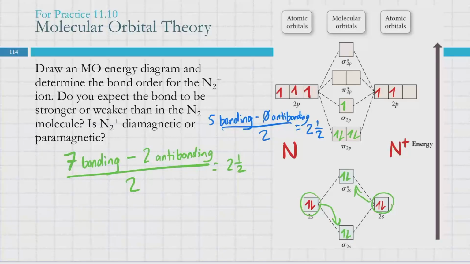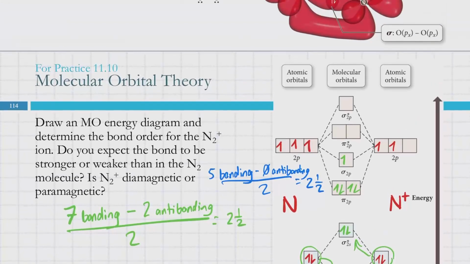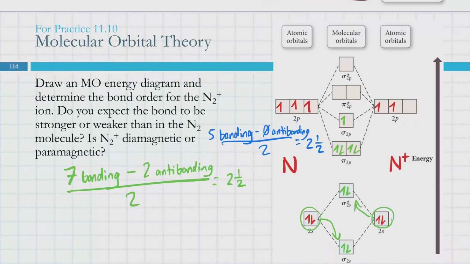Is that weaker or stronger than N2? If we add one more electron to make it N2 instead of N2 plus, is N2 plus weaker or stronger? Where would our next electron go if we had one more electron?